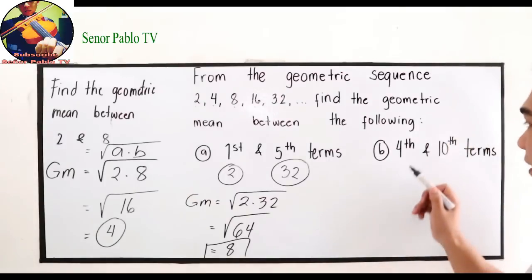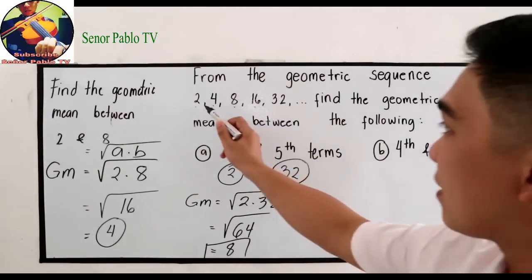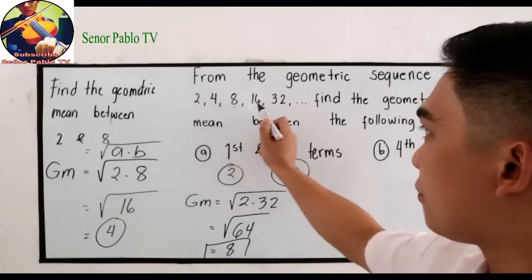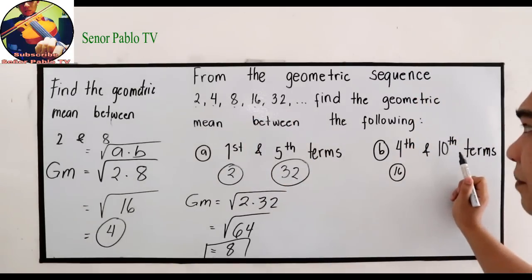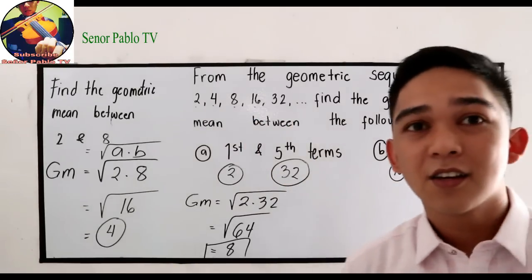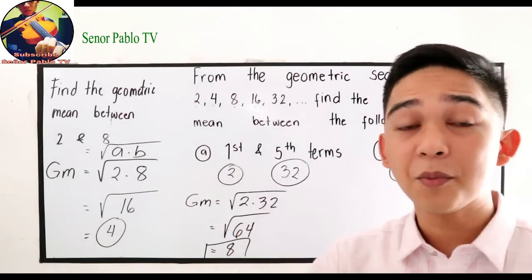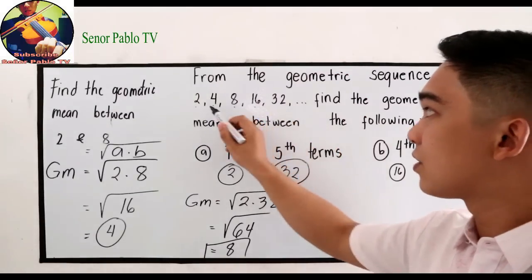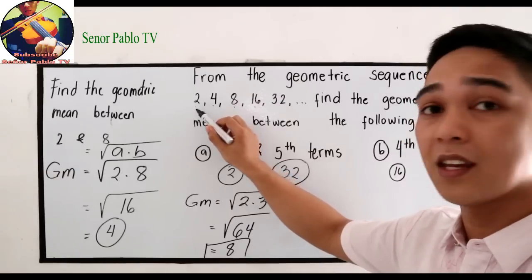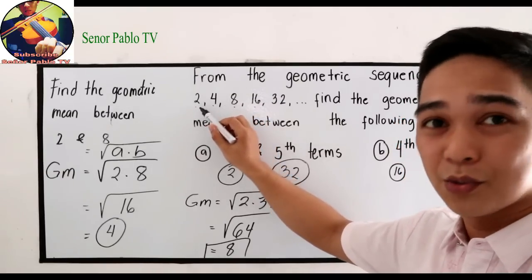Next, fourth and 10th term. So, hanapin natin si fourth term: first, second, third, fourth. That is 16. 10th term, kunin natin. Hanapin muna natin si 10th term. Pwede natin gamitin yung formula or mag-multiply na lang tayo ng common ratio dito. So, ang common ratio natin, A2 divided by A1. So, 4 divided by 2, that is 2.